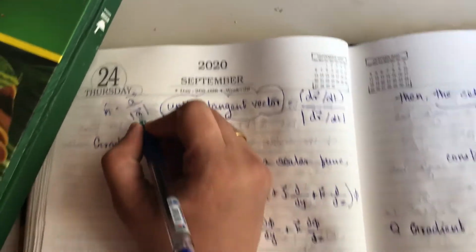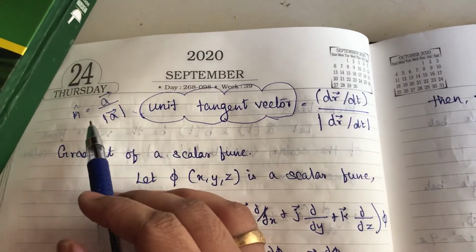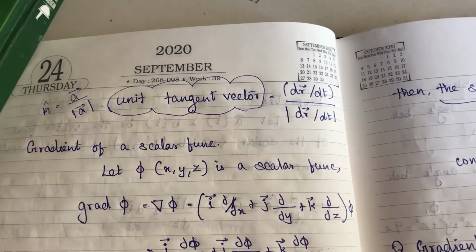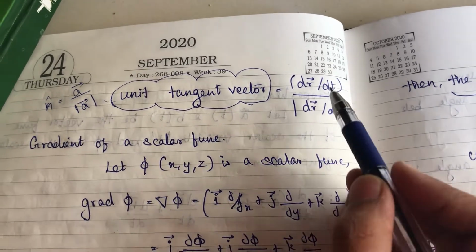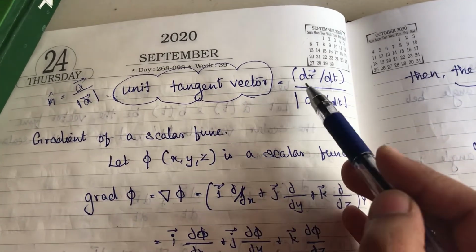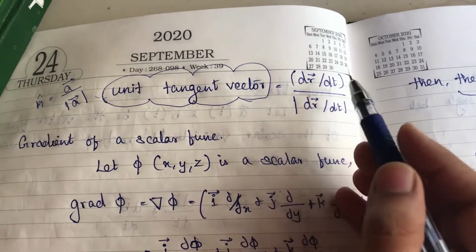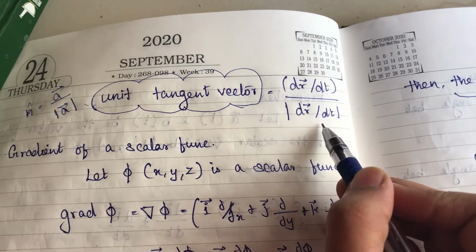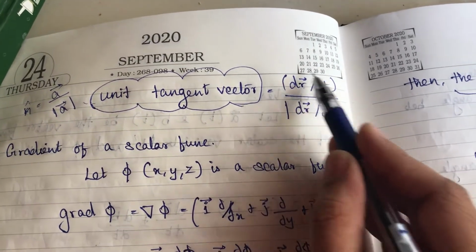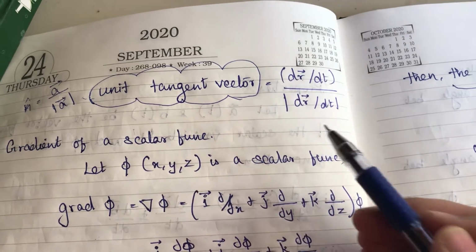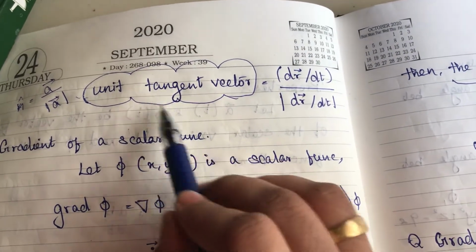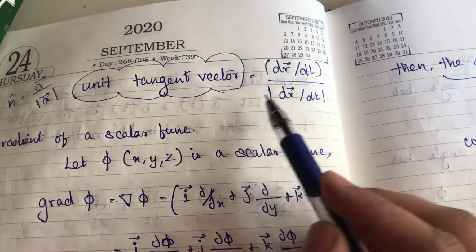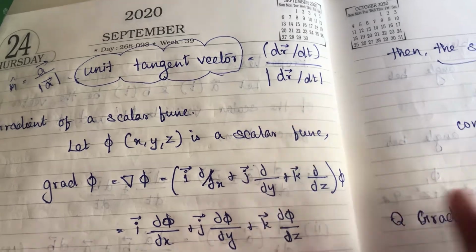So a vector by its modulus is the unit vector. But here, unit tangent vector: there is already a differentiation in the vector. So take this as a vector a by modulus of a, but a is already a differentiation. So the unit tangent vector is dr vector by dt by modulus of dr vector by dt.